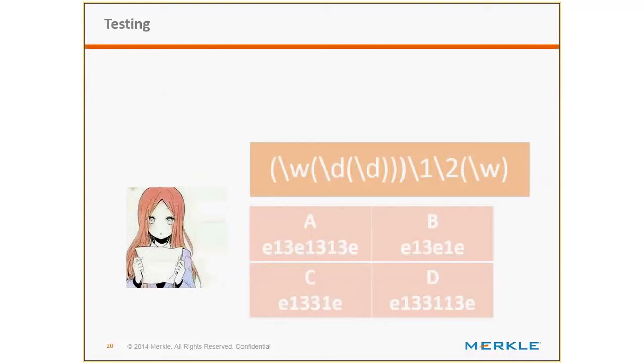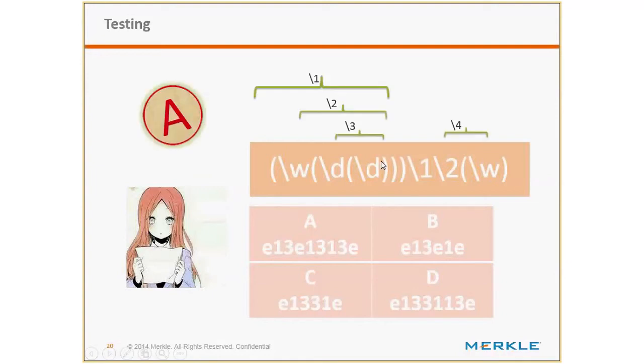Okay, I'll give you more time. Azure, do you know the answer? I've asked you twice. Is the answer A? Yes, the answer is just A. You can see this is the first left bracket, so this whole bracket is group 1, and this is group 2, and this group 3, and group 4.